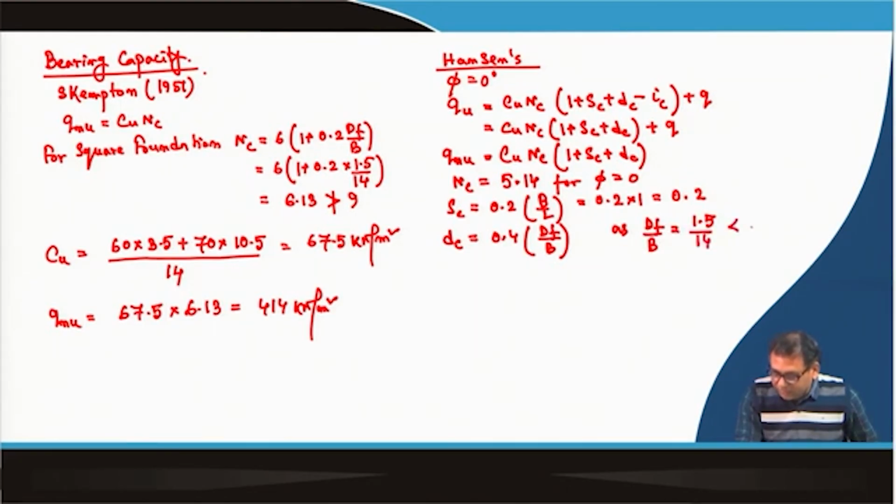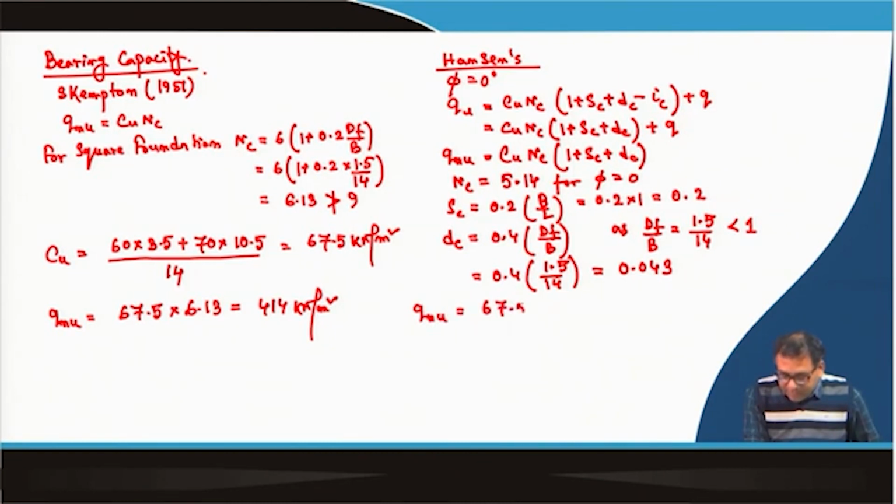So, it is less than 1, so you have to use this correlation. That is 0.4, Df is 1.5, B is 14. So, this is 0.043. So, Q net ultimate for Hansen is 67.5, that is the weighted Cu, Nc is 5.14, then 1 plus Sc and Dc 0.043.